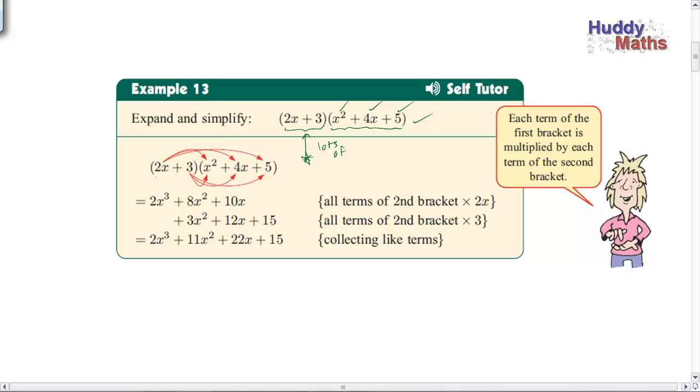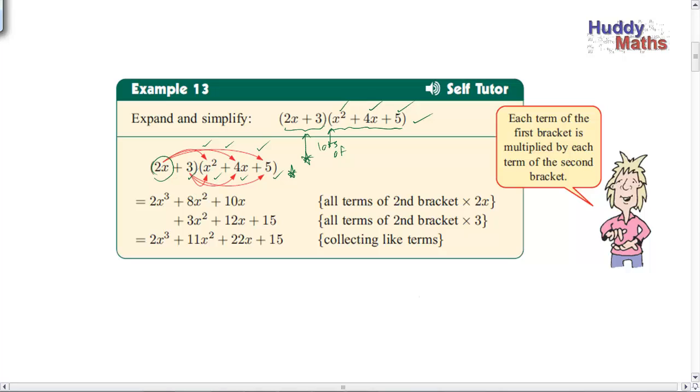So we have 2x lots of each of everything in the second bracket. Then we've got 3 lots of each thing in the second bracket. Okay, so that's the idea. It's all bundled up as 2x plus 3 lots of, there's no times in the middle here, but we leave the multiplication sign out between brackets in algebra, and we understand that's what it means, lots of. So we've got to do all these multiplications here.